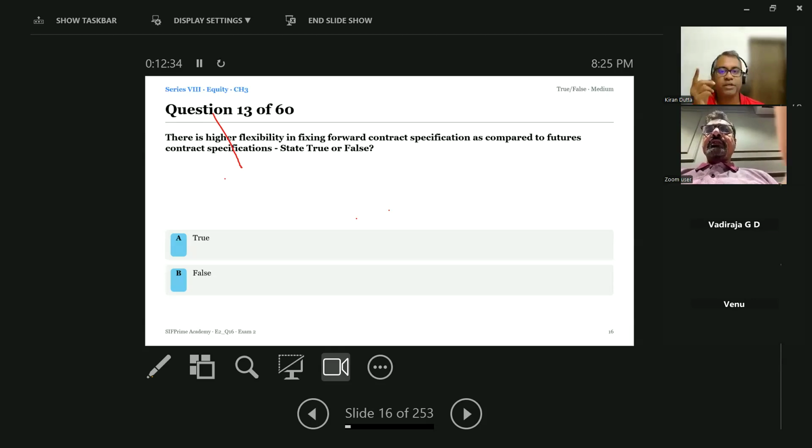Why are you getting it confused, right? Future contracts are standardized contracts. Forward contracts are not standardized contracts. So that means there is higher flexibility in the forward contract specification, right? So the answer is true.